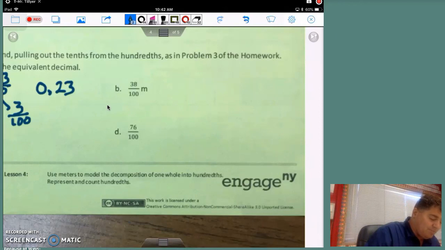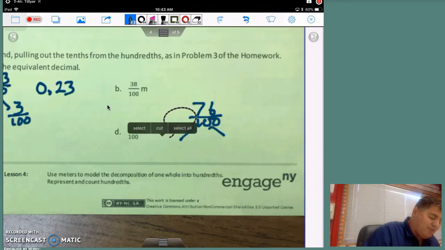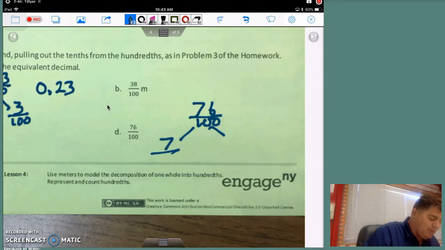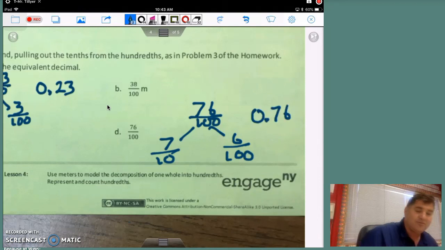So we'll do 76 over 100. That can be broken out into 7 tenths and 6 hundredths. And that could be written 0.76.